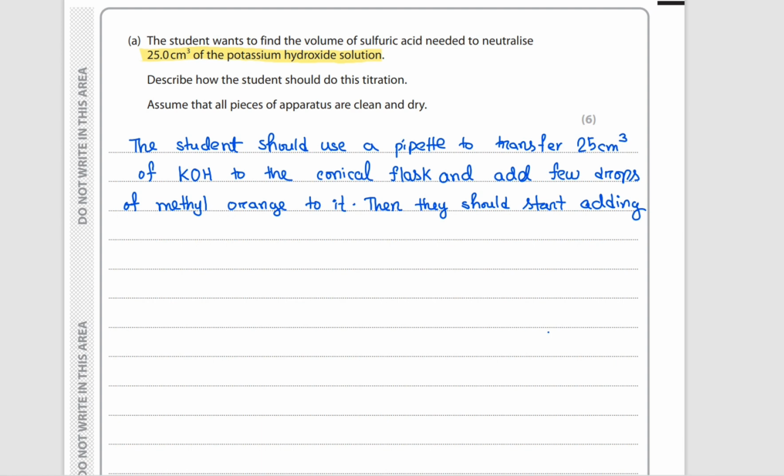Start adding dilute sulfuric acid to the flask using a burette, drop by drop, and swirl the solution continuously.